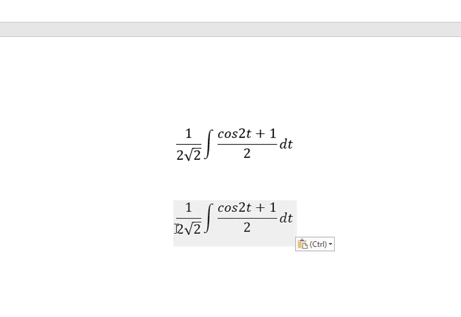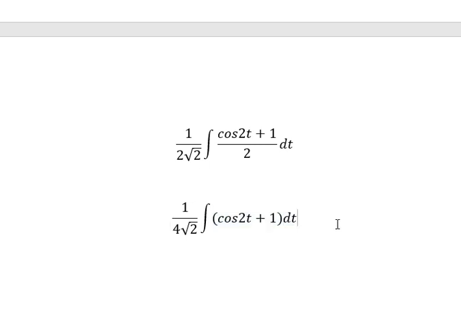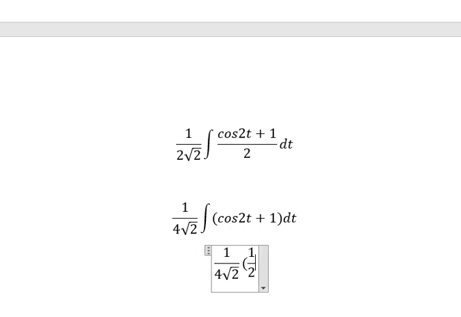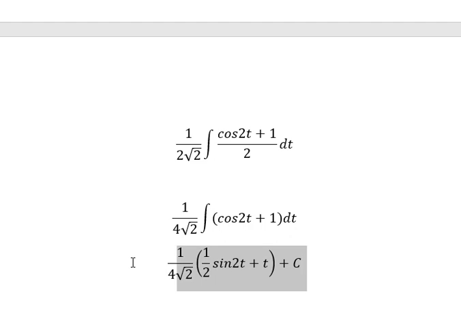So number 2 and number 2 we have number 4. The integration of cosine 2t that is about 1 over 2 sine 2t. Number 1 that is about t, and I will put c.